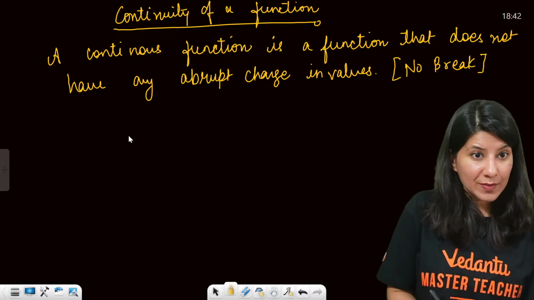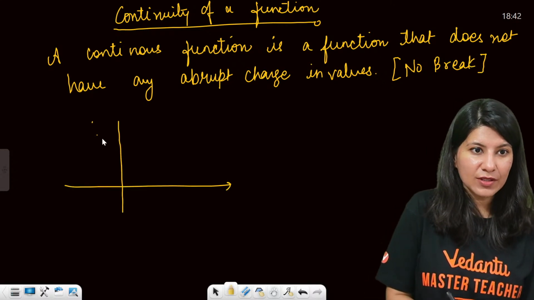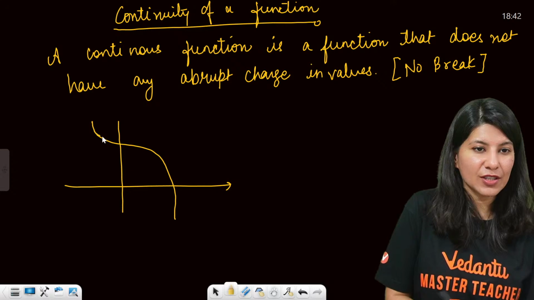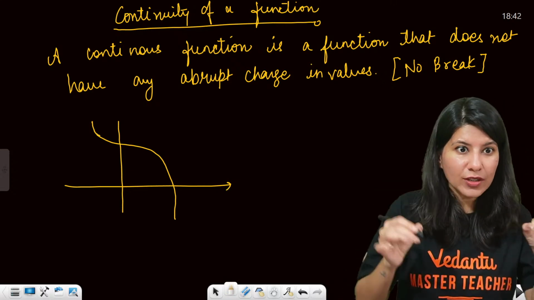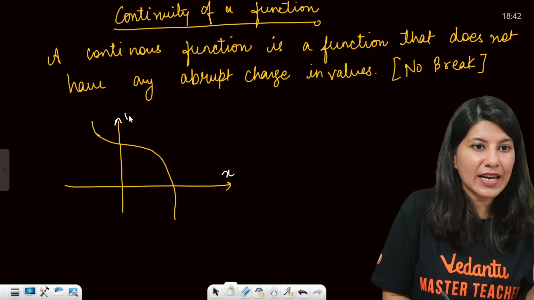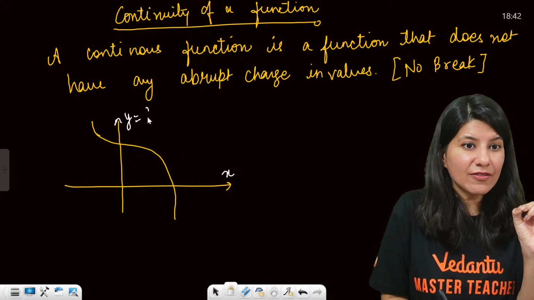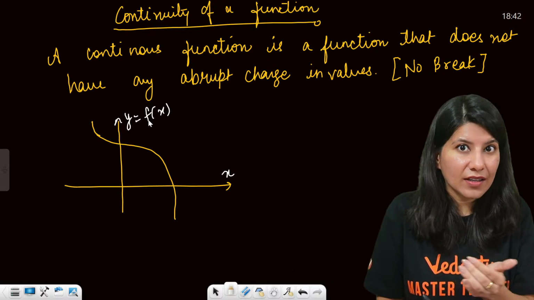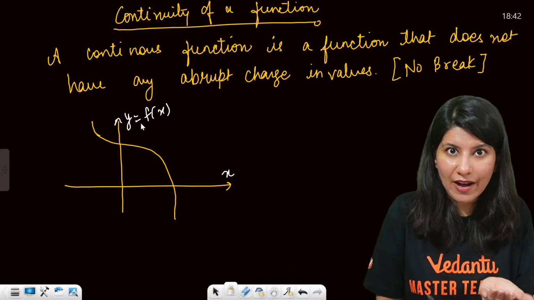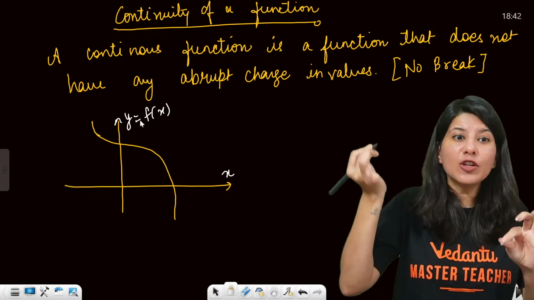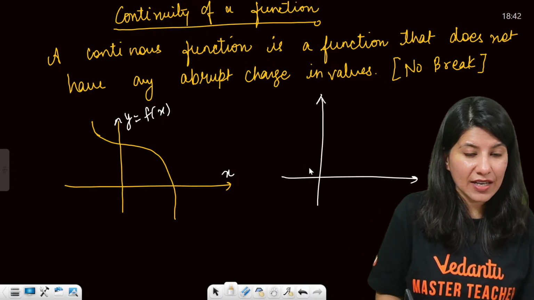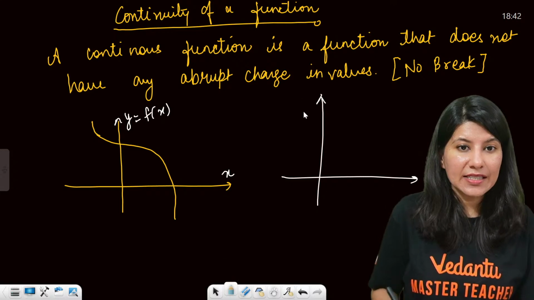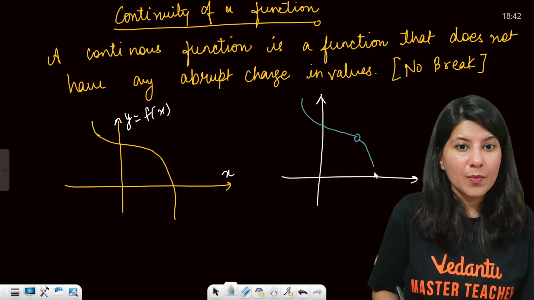Let me draw one of the graphs. So see, this is your continuous function. Can you see, there are no breaks in the graph. This is the x-axis, this is the y-axis, and the graph is actually smooth. I don't have to lift my pen to draw this graph. But the second graph, on the other hand, has a break point.